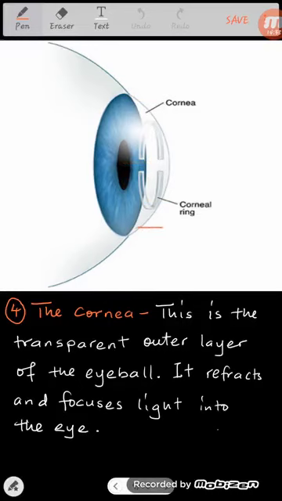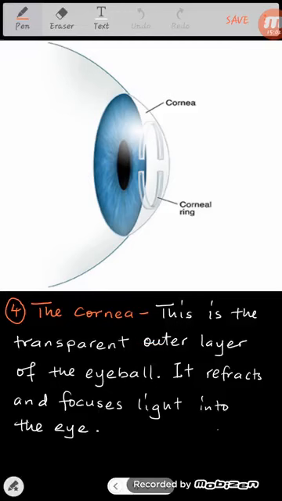Without the cornea, light would be scattered everywhere. So what happens is that when light hits the surface of the eye, the cornea will focus that light so that it goes straight into the pupil like that. So this is the function of the cornea.